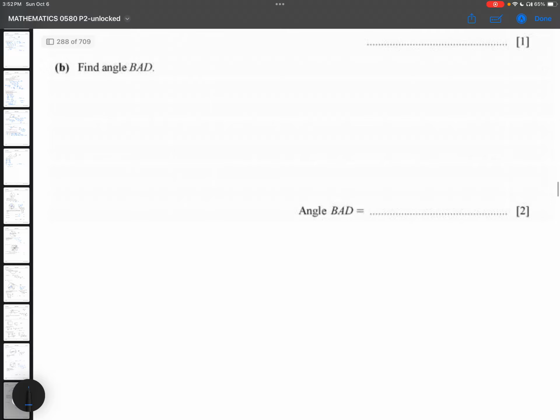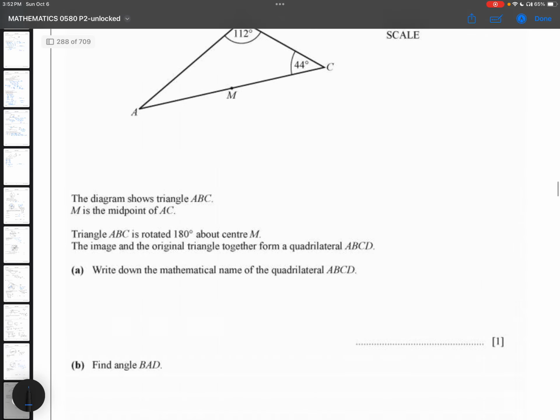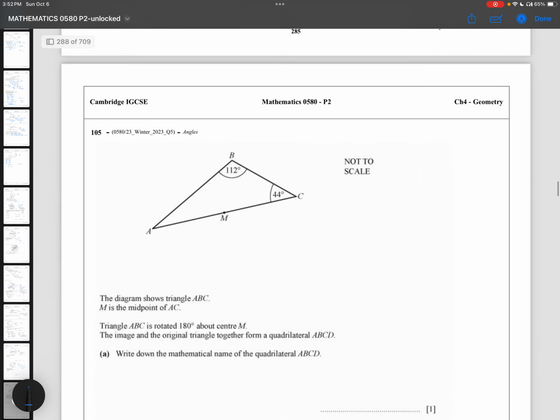In question number 105, the diagram shows triangle ABC. M is the midpoint of AC. Triangle ABC is rotated 180 degrees about center M. The image and the original triangle together form a quadrilateral ABCD.